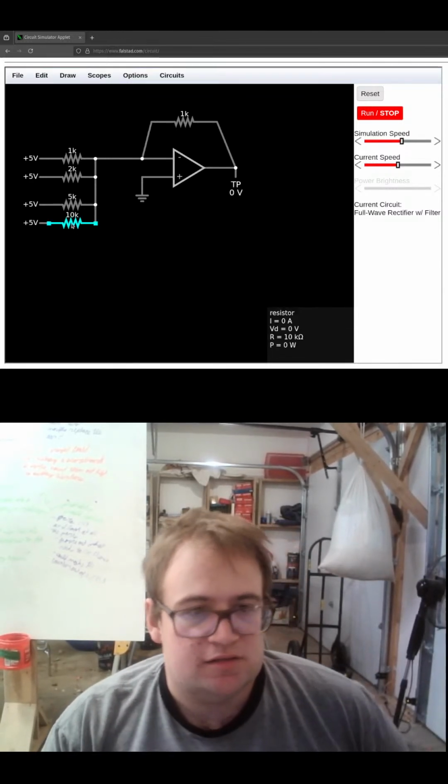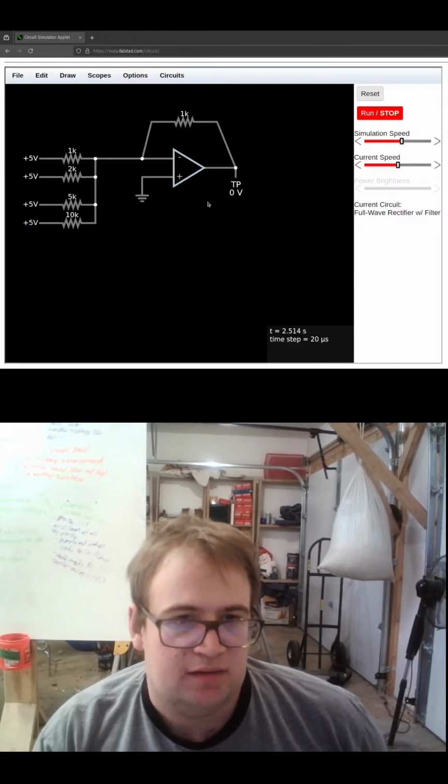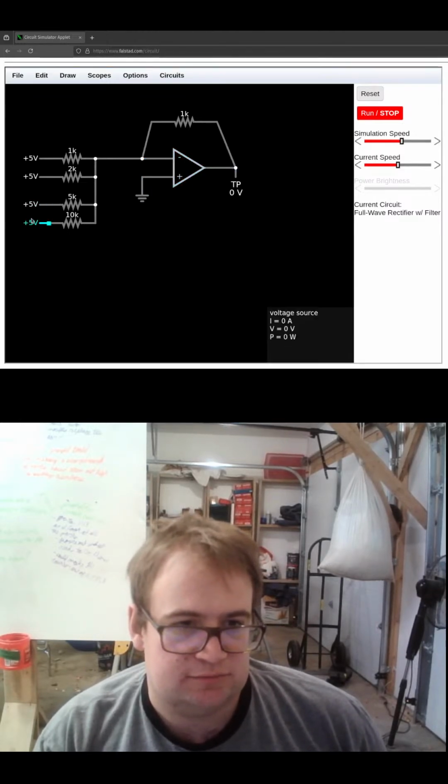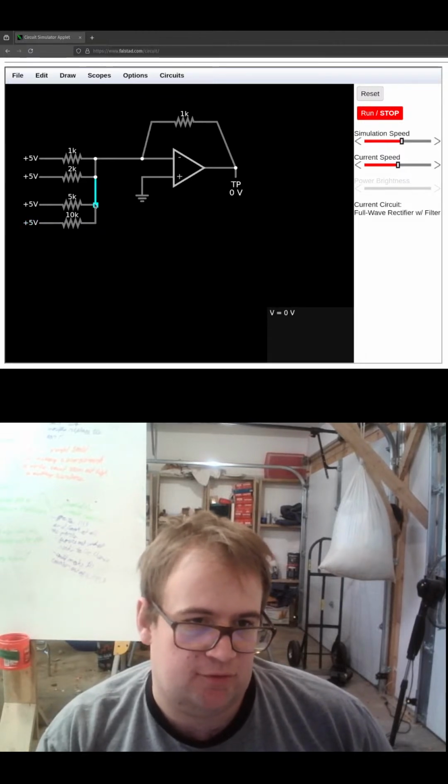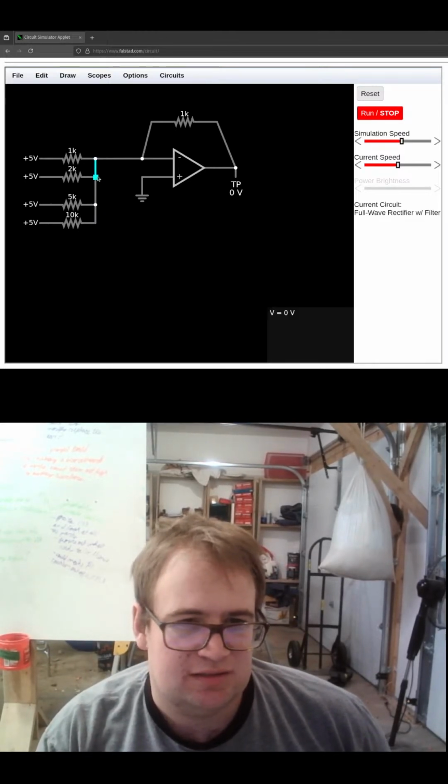Okay. So that means here we will have 1/10, basically, so a half a volt. And there we'll say we'll have a volt. It's 1.5 volts.